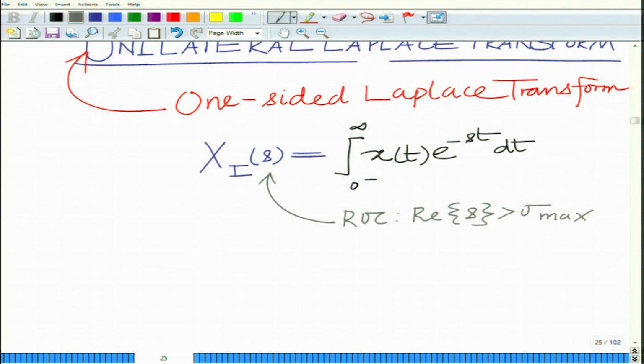Now, typically this is useful for determining the response of a causal system to a causal input with non-zero initial conditions. All right.